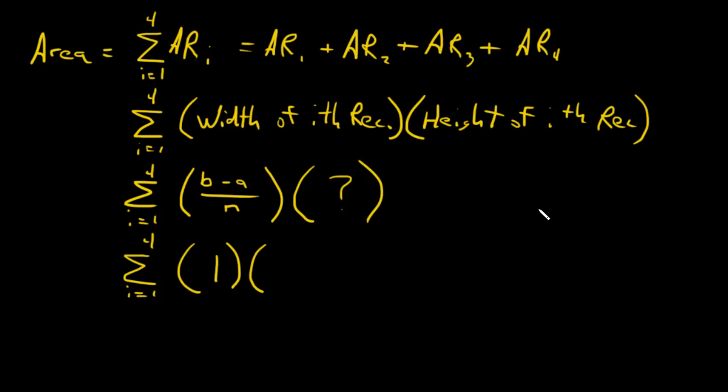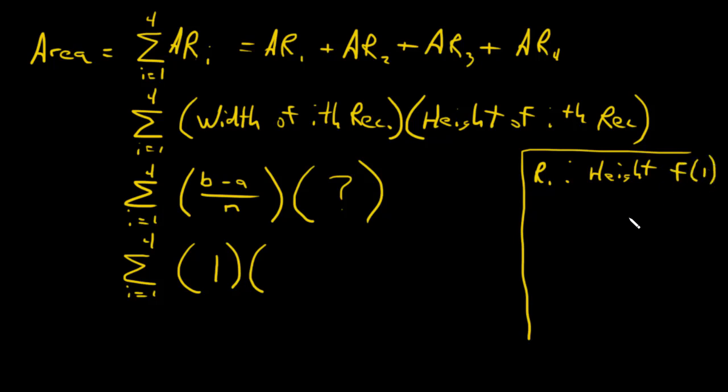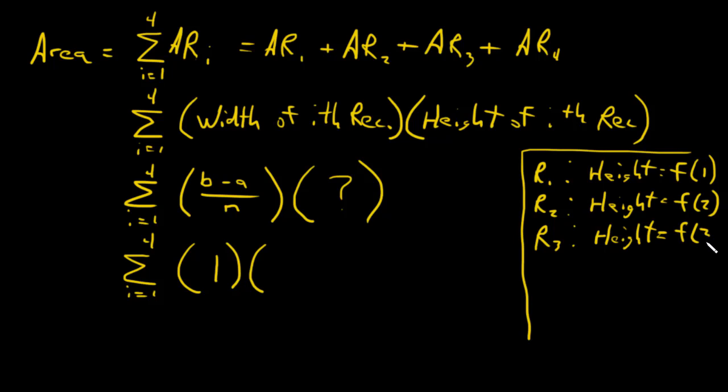I'm going to do a little bit of scratch work right over here and see if I can figure out the pattern, okay? For R1, the height was f of 1, right? For R2, the height was f of 2. For R3, the height was f of 3.